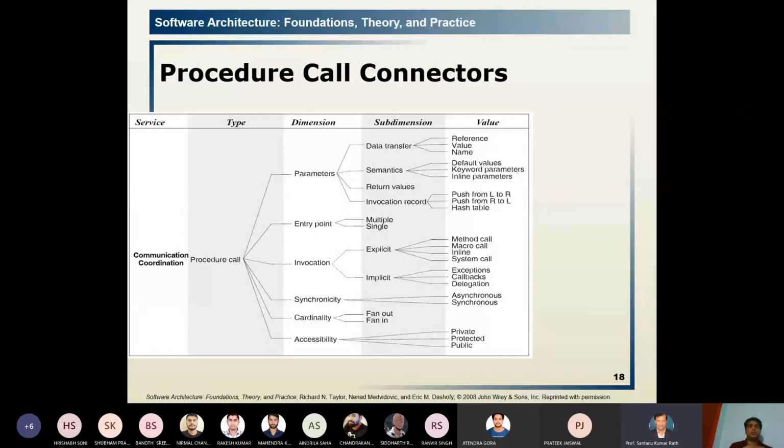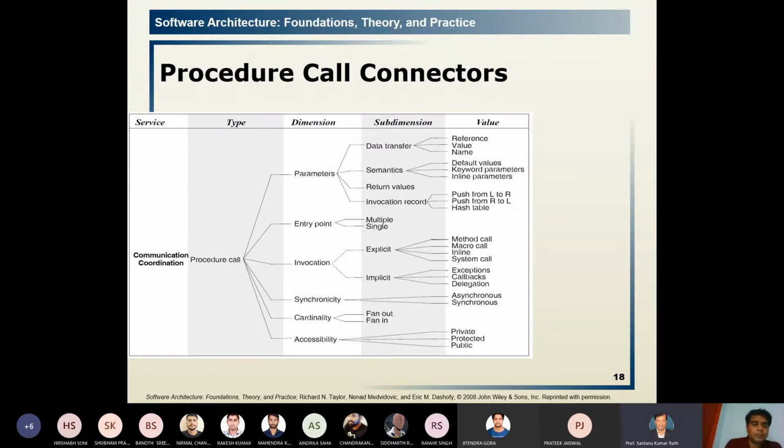Here you see a service with procedure call connector. So what will a procedure call connector provide? It is communication and coordination. It means the connector works as a communicator, and the connector also works as a coordinator.